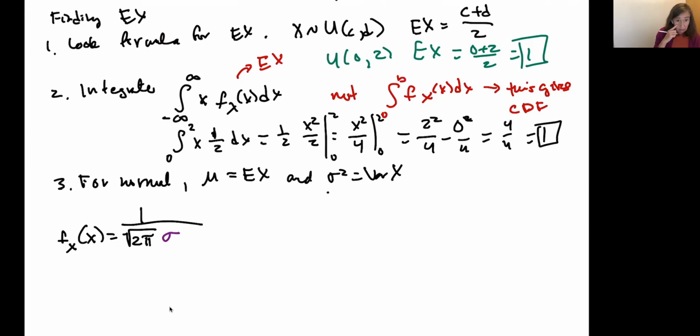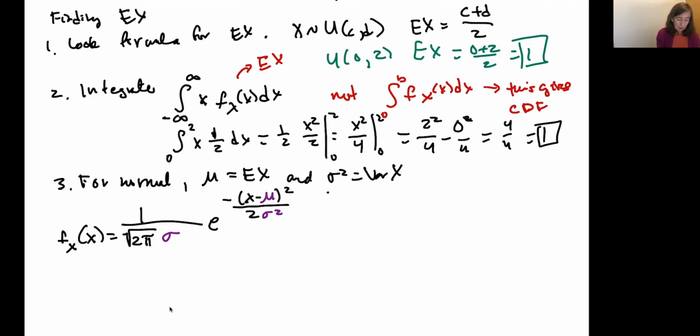We have the sigma, the standard deviation, the square root of the variance, down there, multiplying e raised to the power negative x minus, here's my other parameter mu, the expected value, that whole thing squared divided by 2 sigma squared. So if you're looking for the expected value of x for the normal, you can find it right up here, being subtracted from x and squared in the PDF.